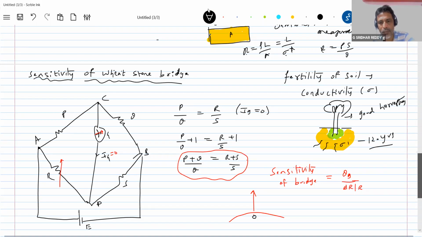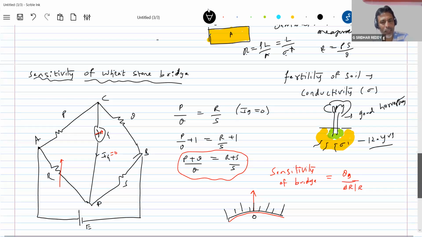For a small change in R, if it doesn't deflect, then definitely the galvanometer is not sensitive.